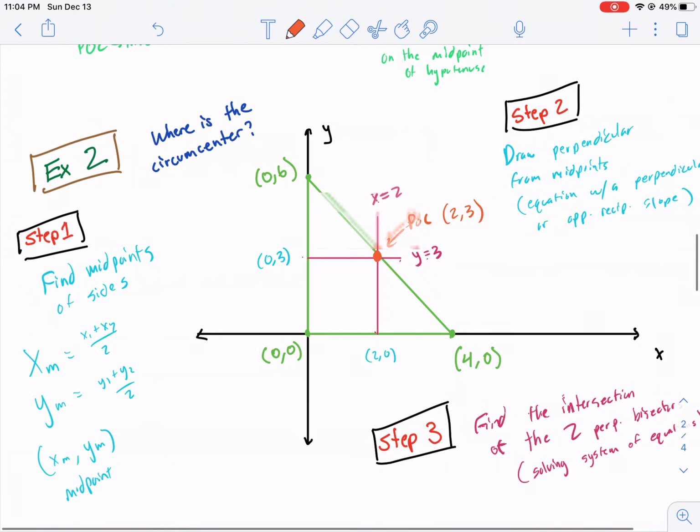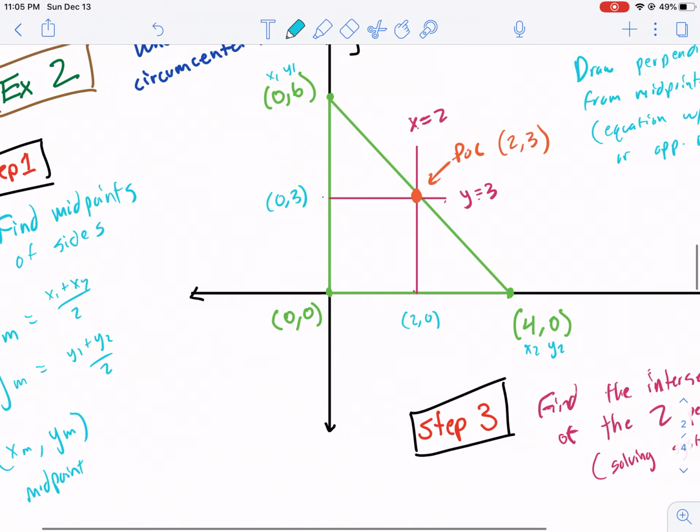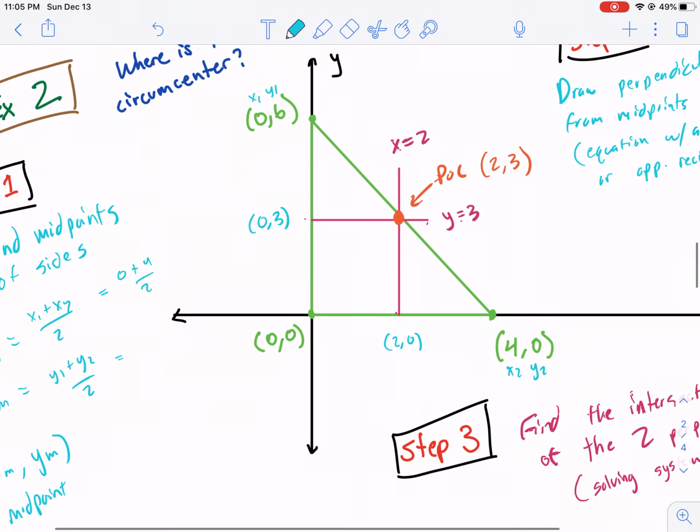Now if you wanted to do the midpoint way with these problems, we have our x1, y1, x2, y2. If we plug these in for x, we get 0 plus 4 over 2, and for our y's, we get 0 plus 6 over 2.